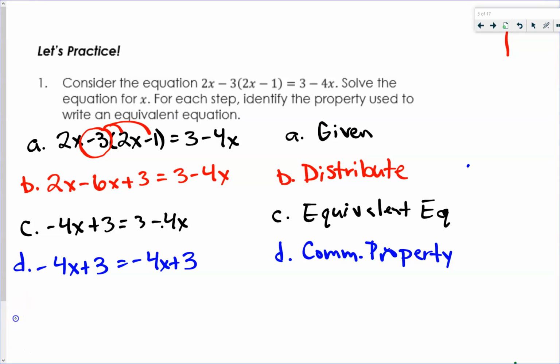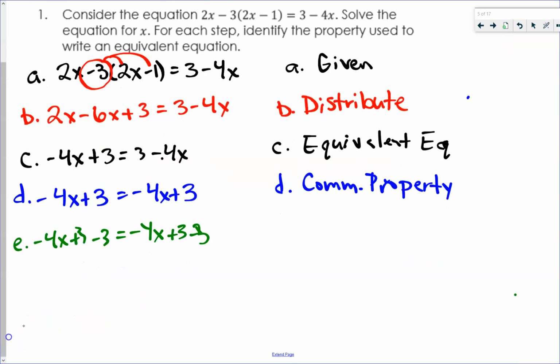So part E, we're going to subtract the 3 on both sides. Okay, so this is subtraction.